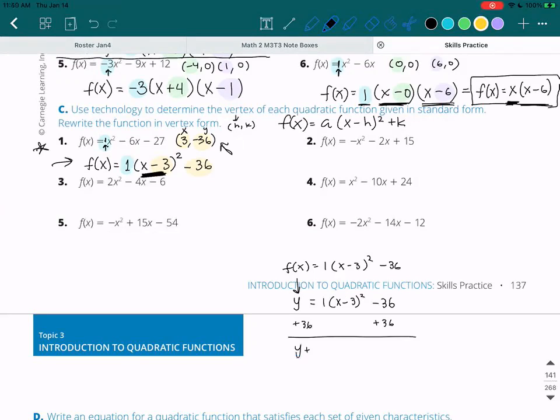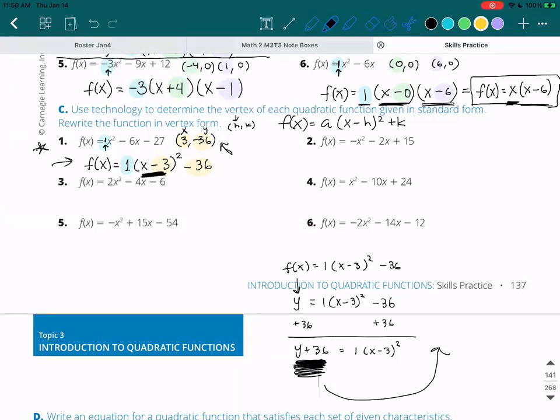Then you get y plus 36 is equal to 1 times (x minus 3) squared. So this is where it would be plus 36 right over here. It's when it's paired with the variable that it's meant to be with. So because the negative 36 is a y value, when you have it next to your y value, it should be plus 36. But since we write equations with y by itself, when you bring it to the other side, it will then become a minus 36.